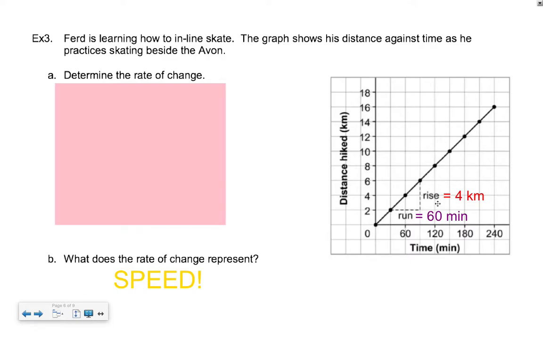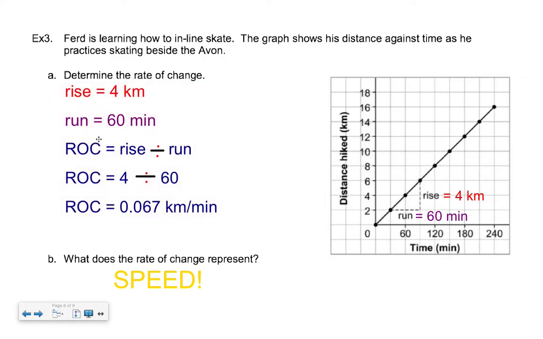So I say 4 kilometers in 60 minutes for my rate of change, and if you calculated that out, rise over run, you end up with 4 over 60, and my divides are pathetic, but it's all I've got with this technology. It ends up being a really tiny number, but usually people can't travel that far in a minute, especially if you're just learning how to inline skate.